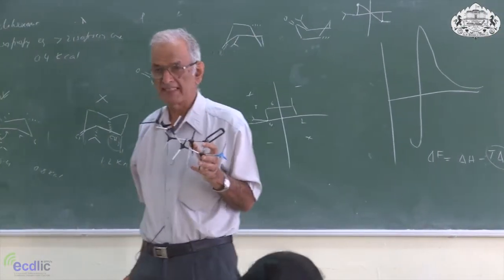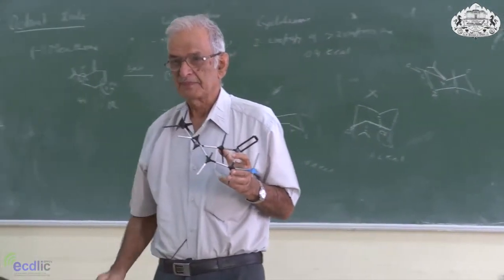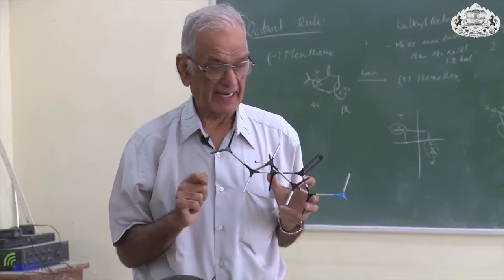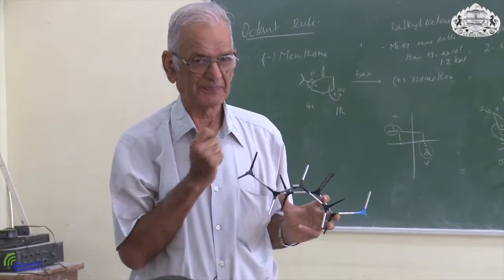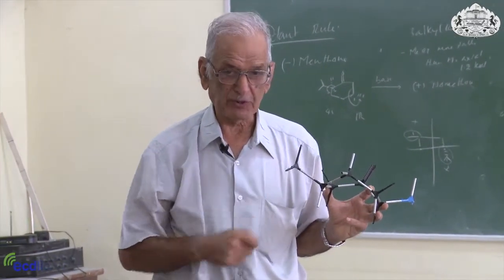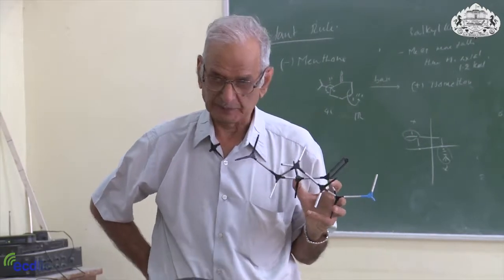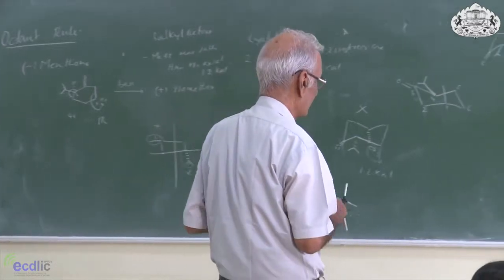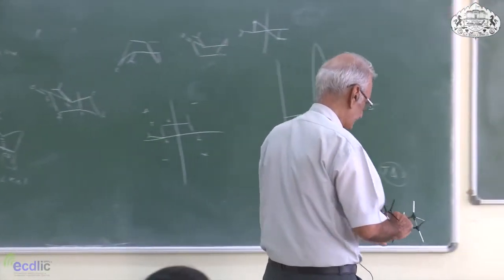The boat is a flexible system. The boat has a favorable entropy. Therefore, at higher temperature, you will have more contribution of the boat form. Okay? That is the story for this.